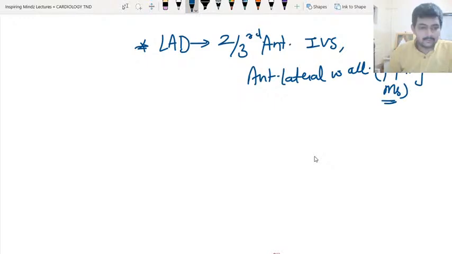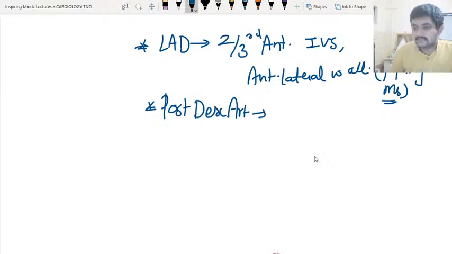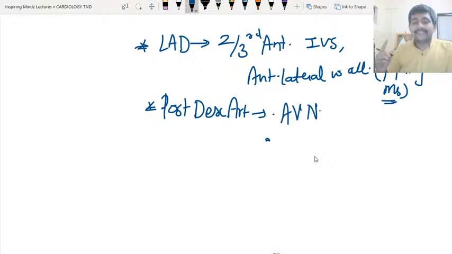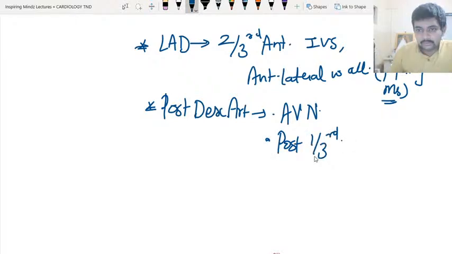Then you also have the next branch, that is the posterior descending artery. Where is this posterior descending artery basically supplying? This is supplying the AV node. Then it supplies the posterior one-third of the interventricular septum.